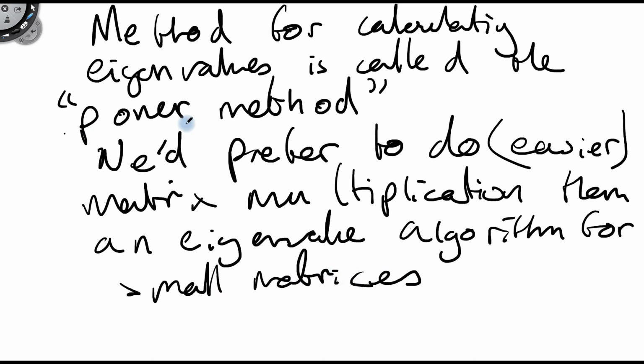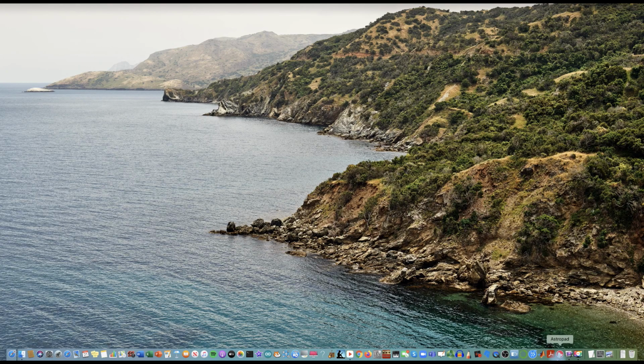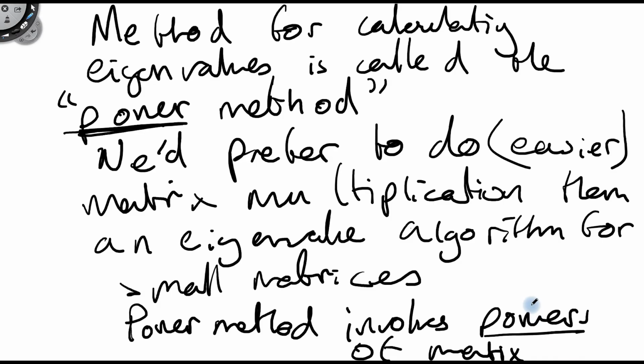And actually this name, the power method, is because it involves powers of matrix A. So this is a name of a method that says how it's done. Remember, there are quite a few methods, Jacobi and Gauss-Seidel, which are just named after the people who discovered them.